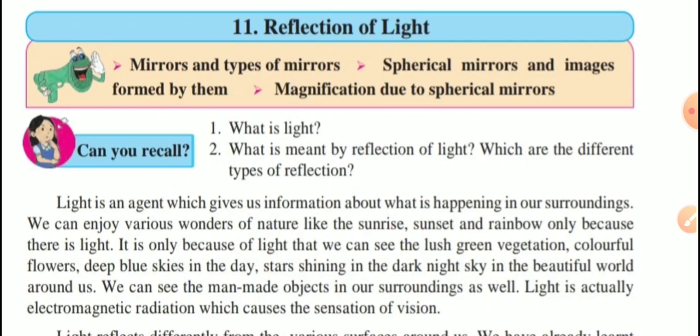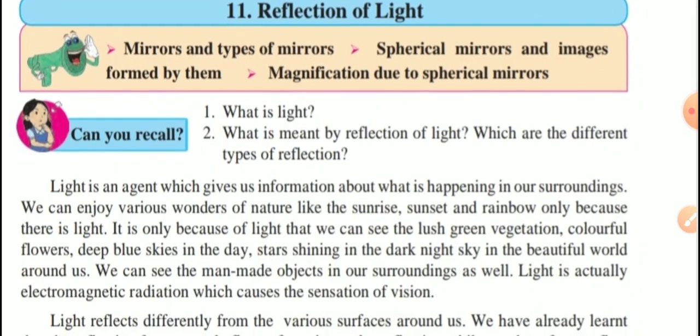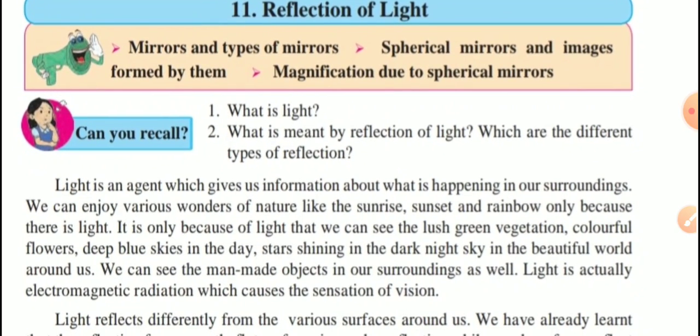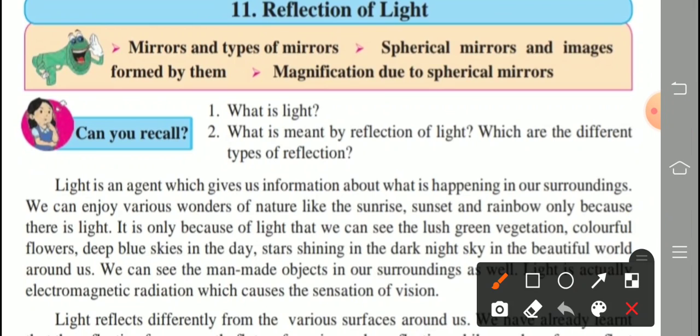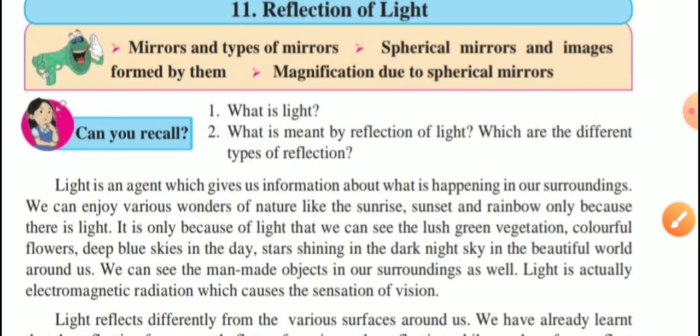It is only because of light that we can see the lush green vegetation, colorful flowers, deep blue skies in the day, stars shining in the dark night sky, in the beautiful world around us.